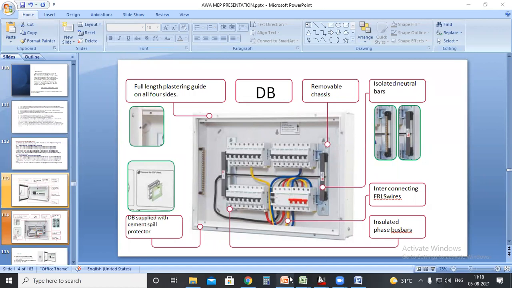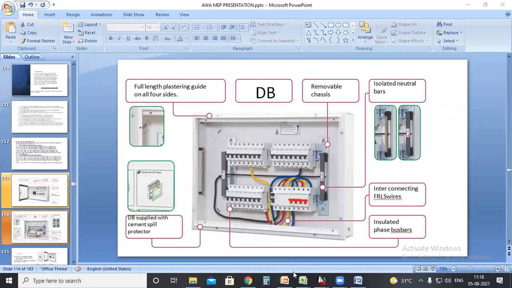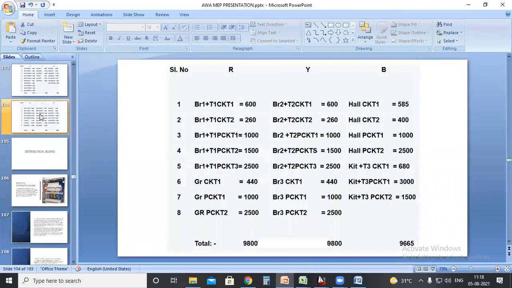So going back to our balanced condition. Which type of distribution board would you require to arrange this particular load? You have to mention the type of distribution board and the number of ways. In this final format, you have to mention the number of ways and the type of DB.